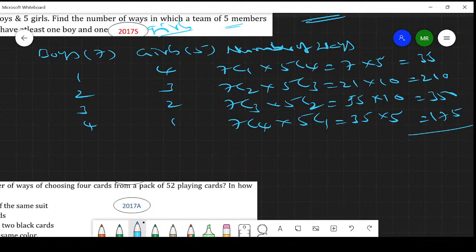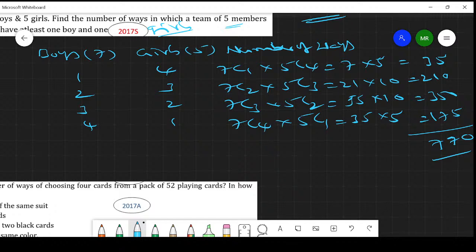You can add all these values, total it comes now. Adding this, it will be 770. Is it right?